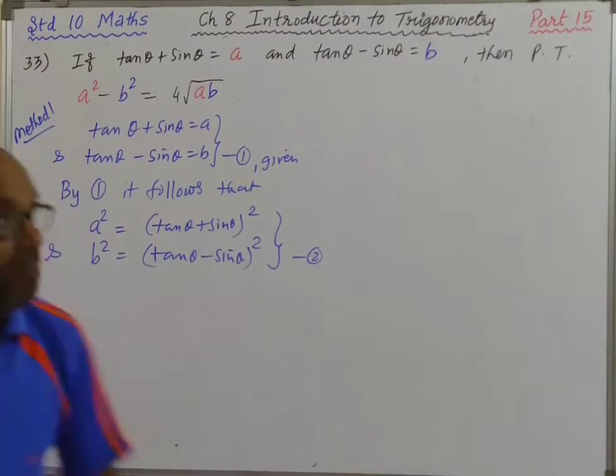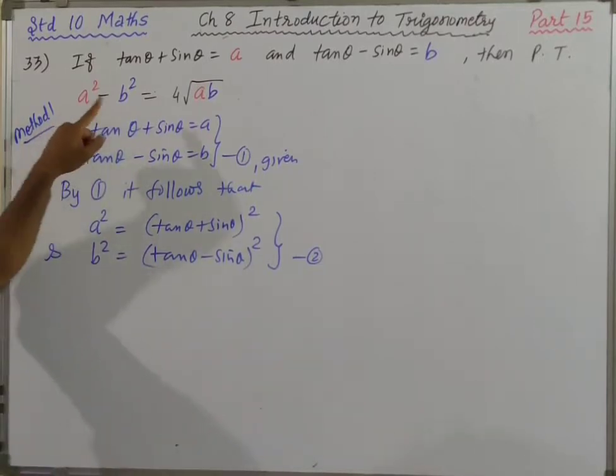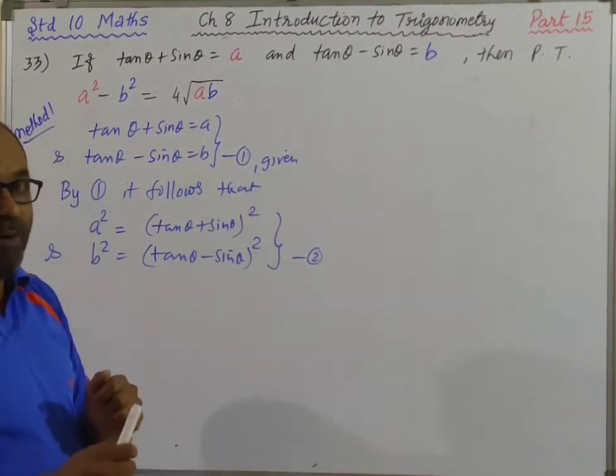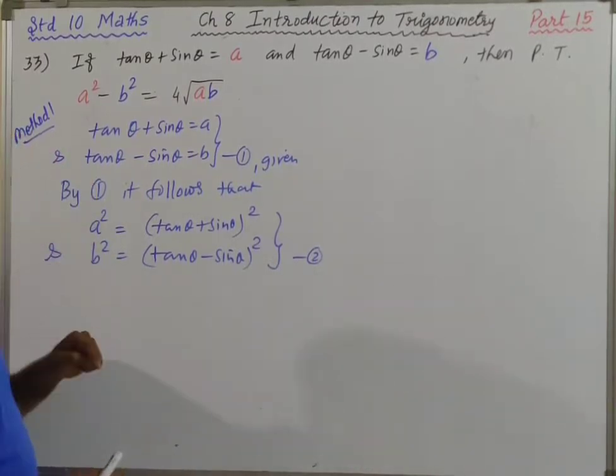मैंने A square पा लिया, मैंने B square पा लिया. So now use Euclid's property, a square minus b square.